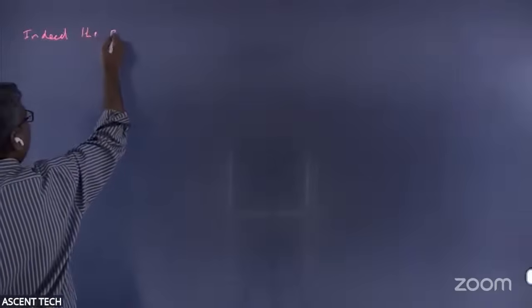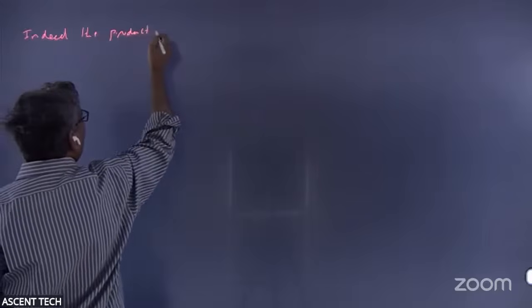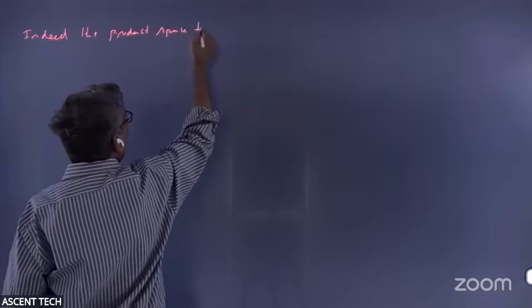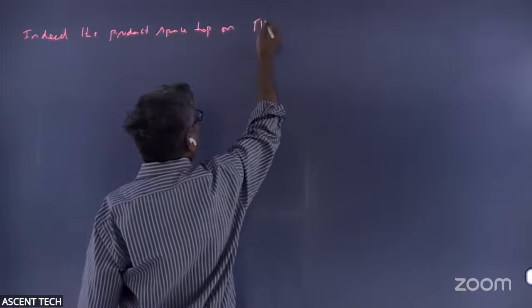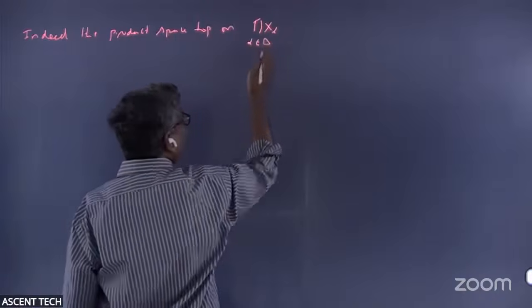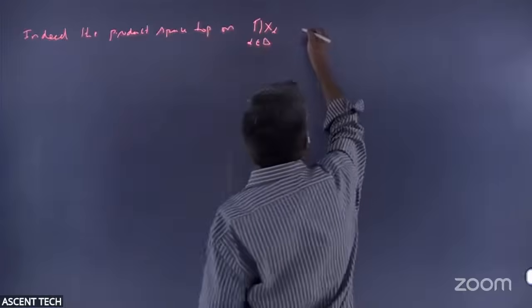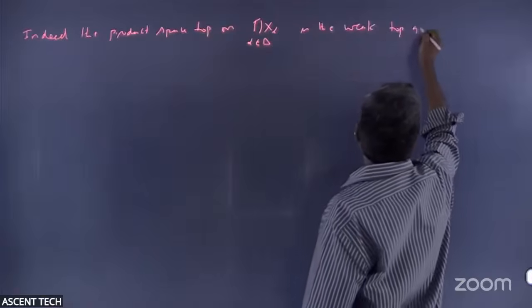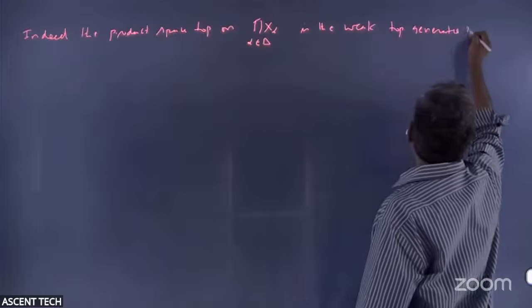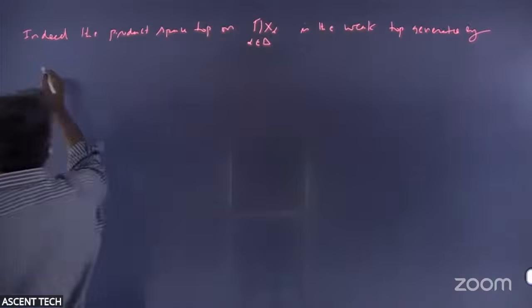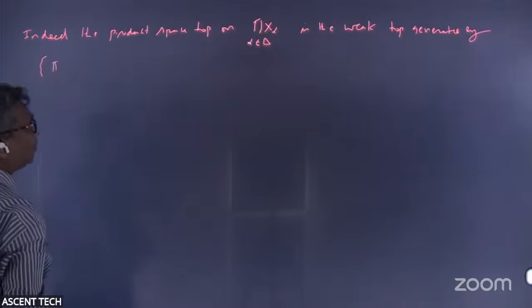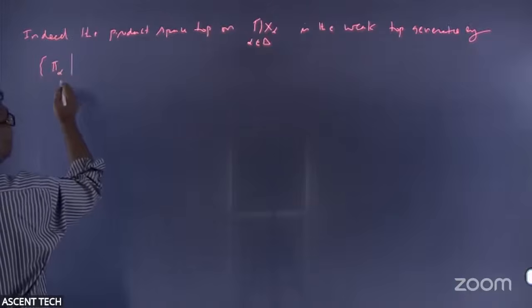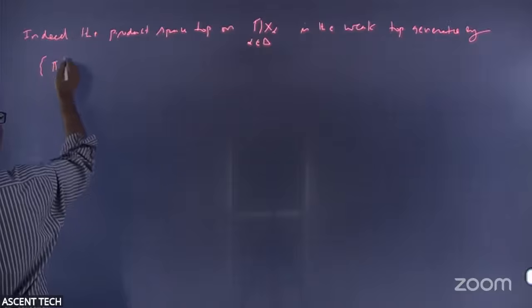Indeed, the product topology, the product space topology on the product of X alpha, alpha in delta, is the weak topology generated by the family of all the functions pi alpha, alpha in delta.